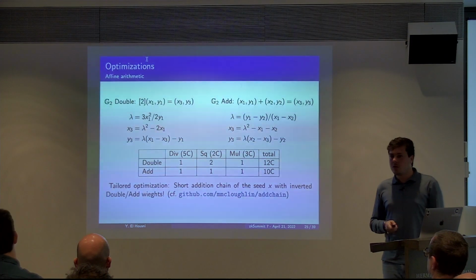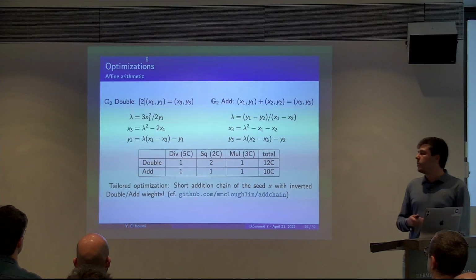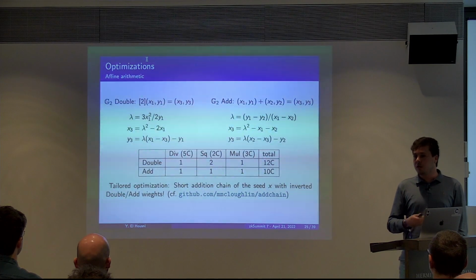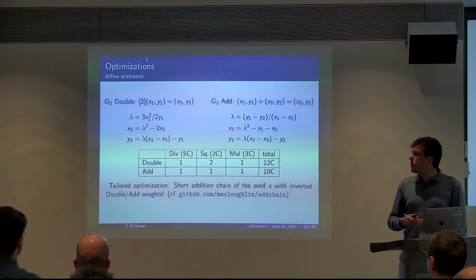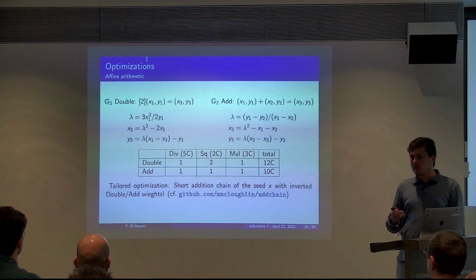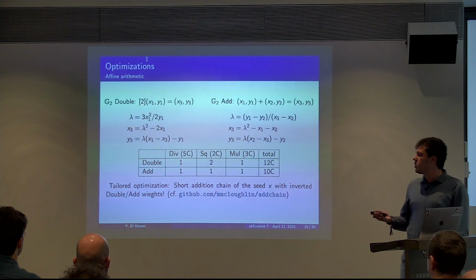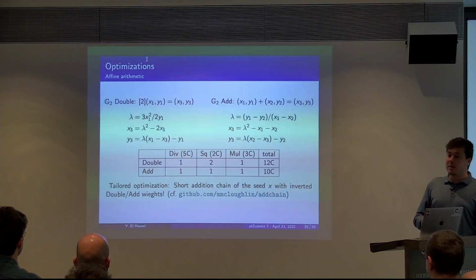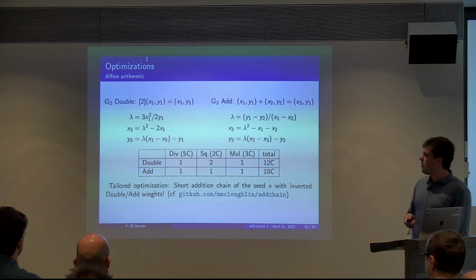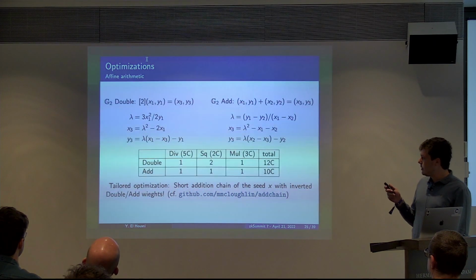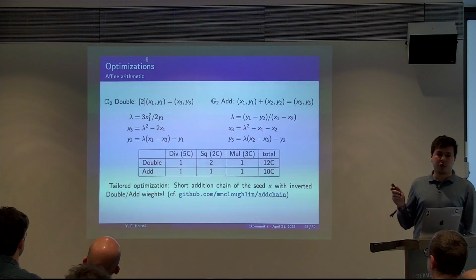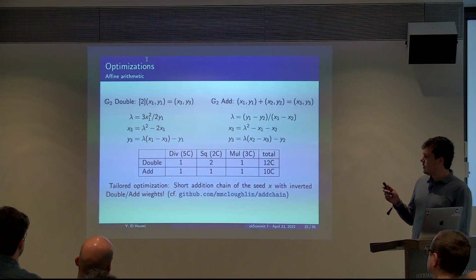Outside of the circuit, we always use projective or Jacobian coordinates because we do not want to do inverses. Here, we don't care about doing inverses because they cost almost as much as multiplications. So this is the number of constraints for doubling and adding. The doubling has more constraints than addition, which is funny.